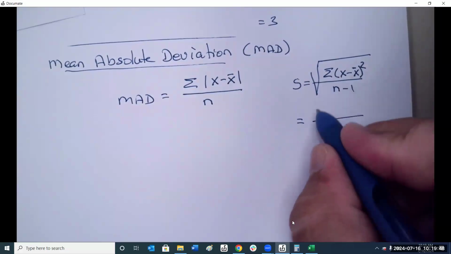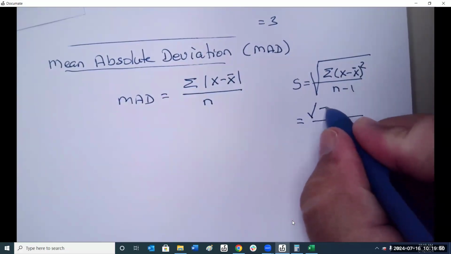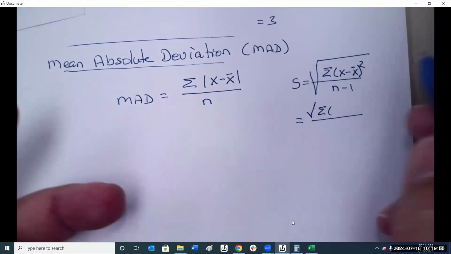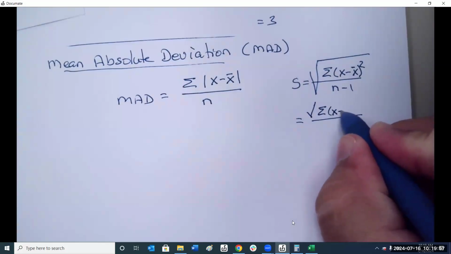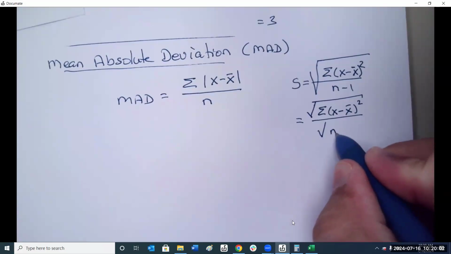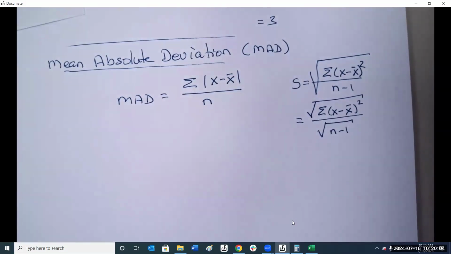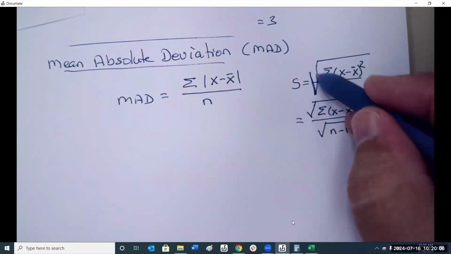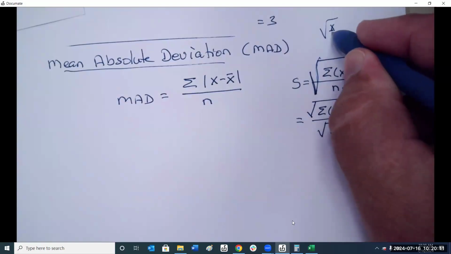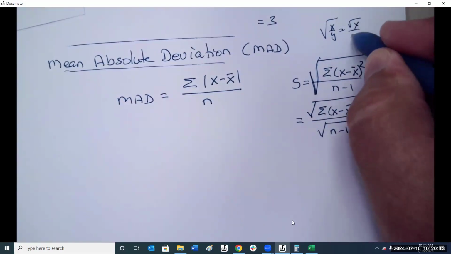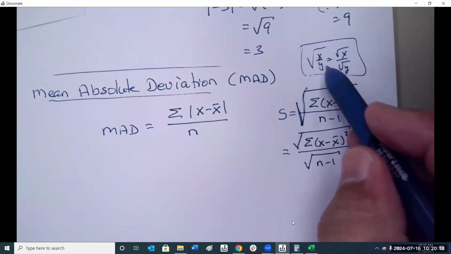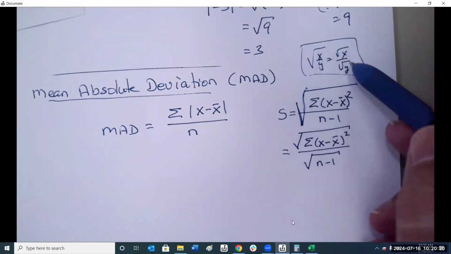Algebraically, we can take this summation and the absolute value, the square root, the radical, and move it to top and bottom separately. Since this is the square root of the whole thing, you can break them up. That's the rule of math. If you have a fraction, a rational expression, you can break them up top and bottom.